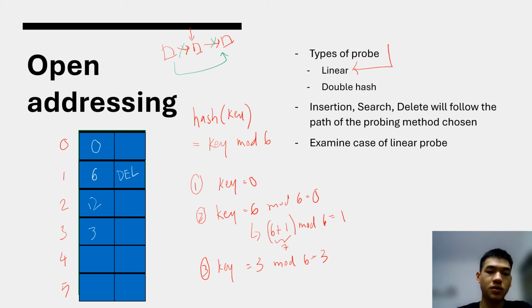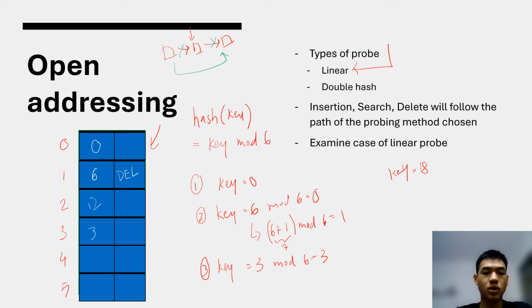And how do we deal with delete flags like this? We perform the insertion onto such nodes when we encounter them. Say I want to insert key 18. 18 mod 6 is also 0, and we know that this is taken.